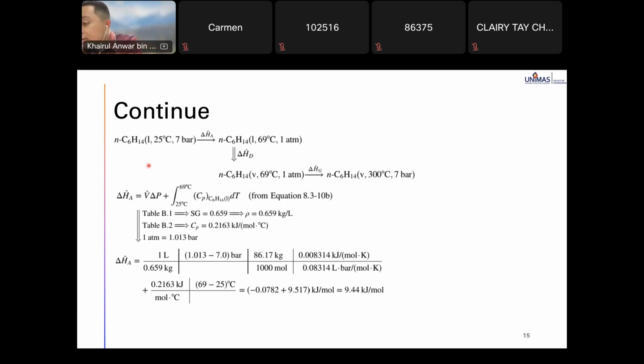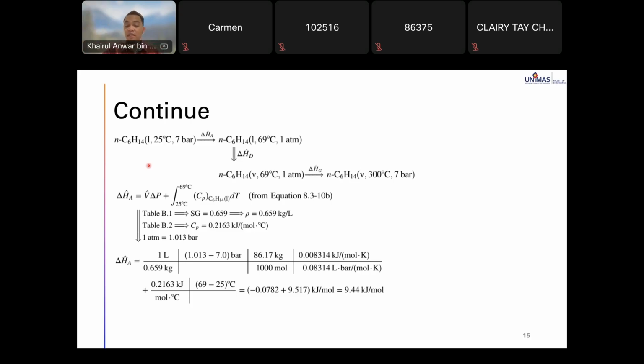For hexane there is only one value, 0.2163 times 10 to the power of -3. That's fine, 0.2163.